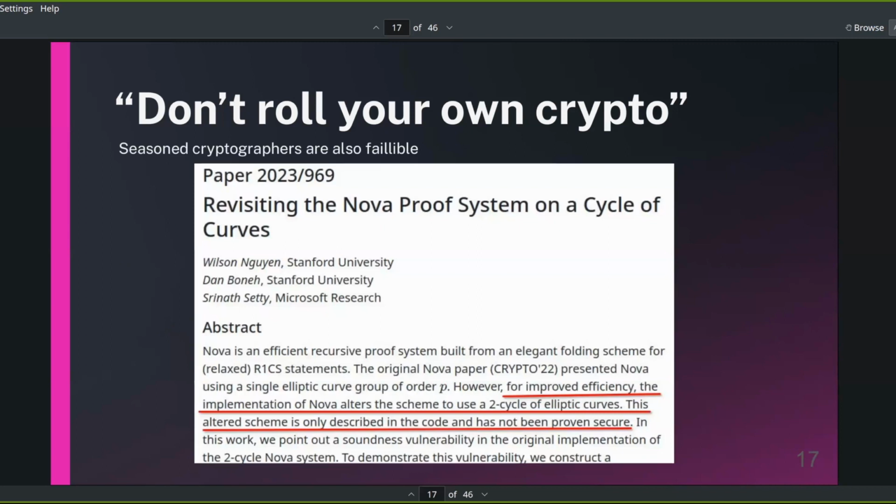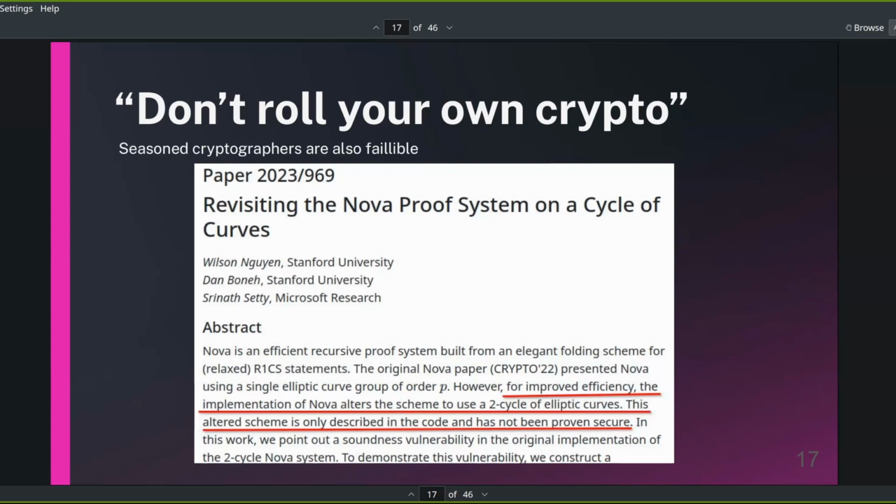So don't roll your own crypto also applies to seasoned cryptographers. 3 months ago, there was this paper called Revisiting the Nova Proof System on a Cycle of Curves. Nova is something that got very, very popular since 2021. It's a technique called folding, which significantly optimizes proof systems.